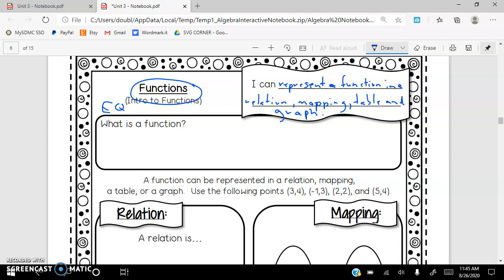Okay, a function is a relation between a set of inputs.